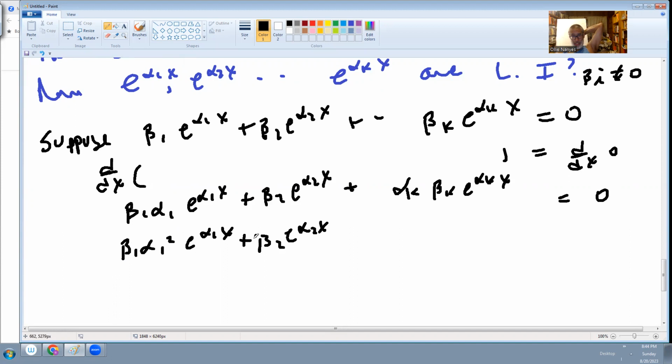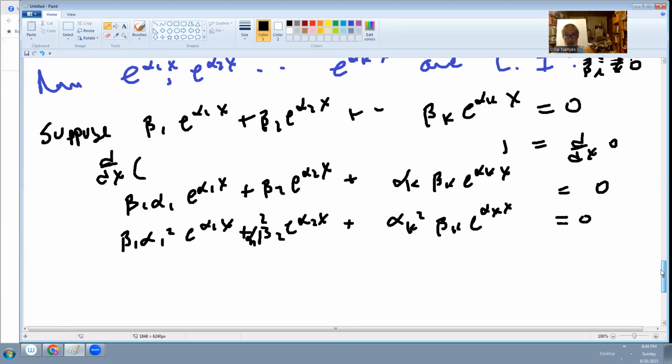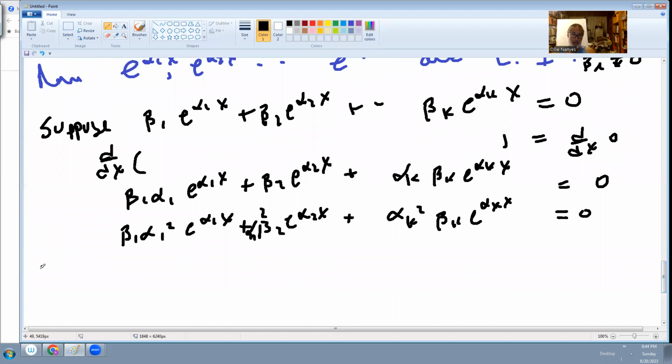And this gives you an alpha 2 squared. This gives you an alpha k squared, beta k e to the alpha k x. And if you do this k minus 1 times, what you get is the following matrix equation.